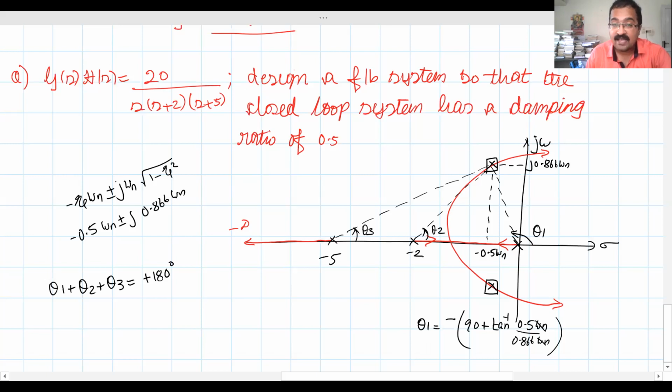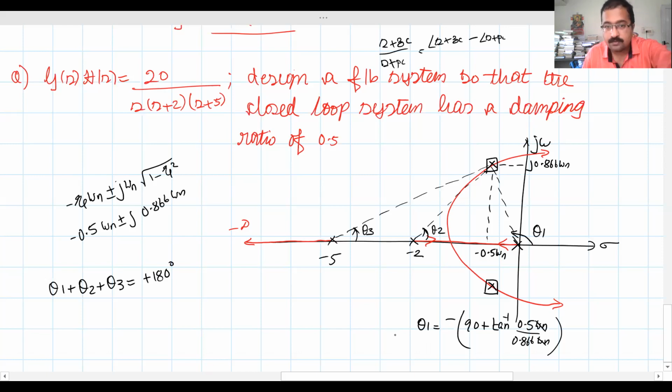Because this is the angle contributed by a pole. Suppose you have a transfer function s plus zc by s plus pc. What's the net angle here? Angle due to the zero minus angle due to the pole. So poles will always contribute a negative angle. That is why I have considered a negative sign here, to be more precise.